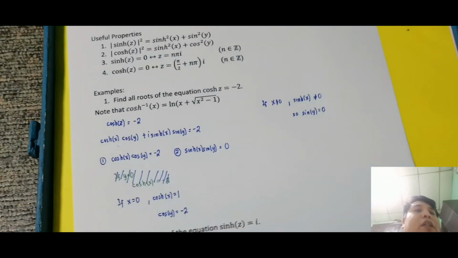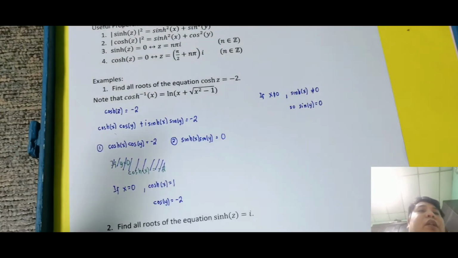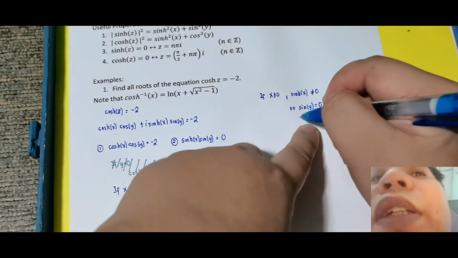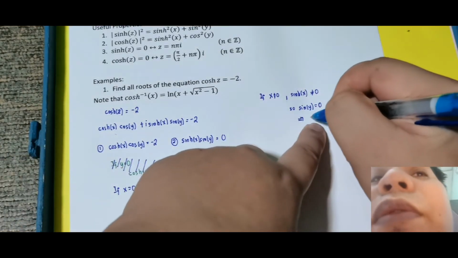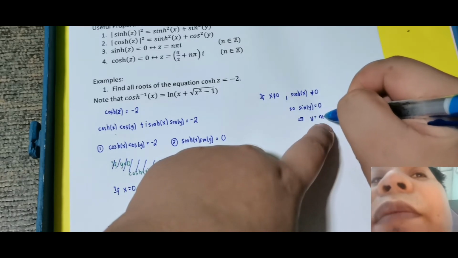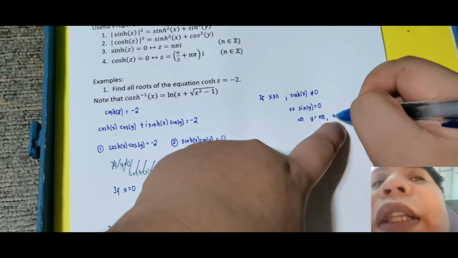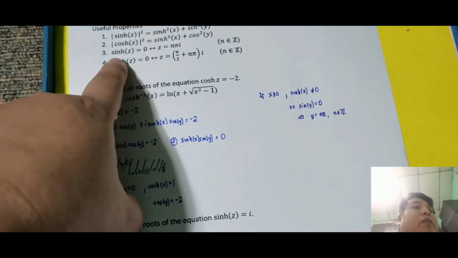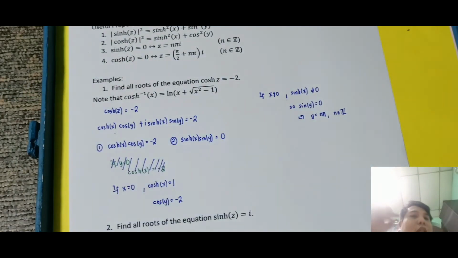Okay, ngayon, since si sin y yung equivalent sa 0, sabi ng una nating property, ano ba yung property na yun? Yun yung n pi, no? This is if and only if, this implies that y is equal to n pi for n element of integers. Sa sine, hindi ito yung gagamitin natin.